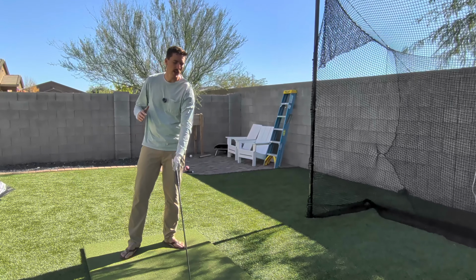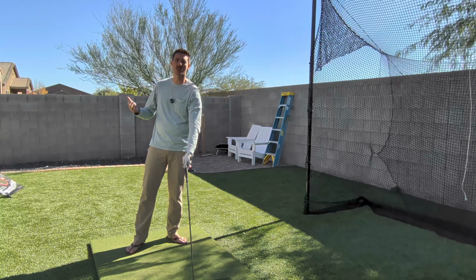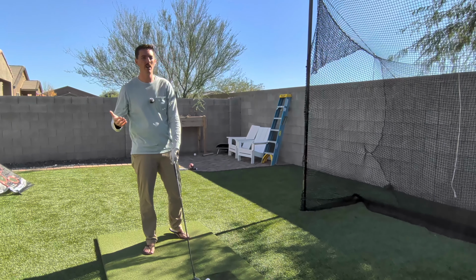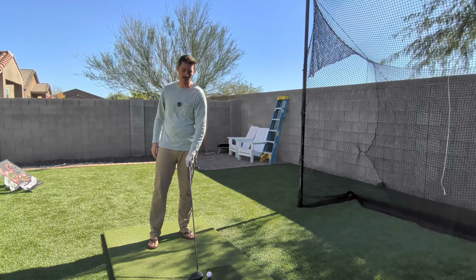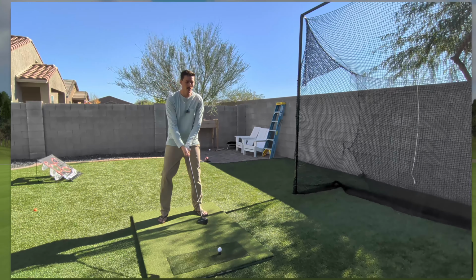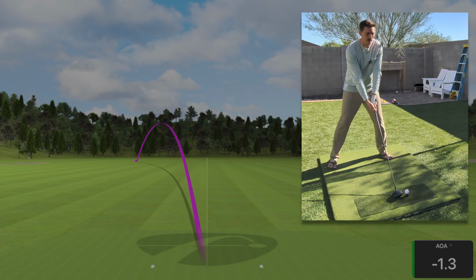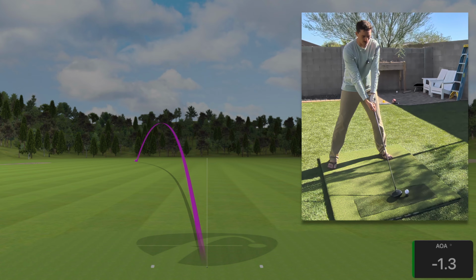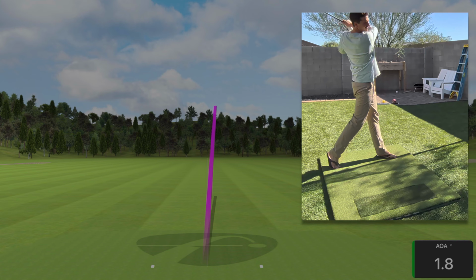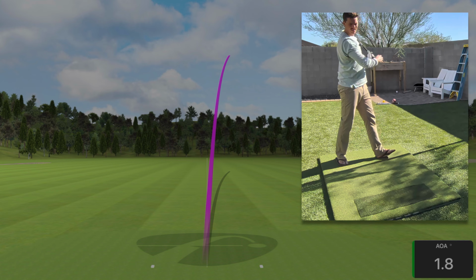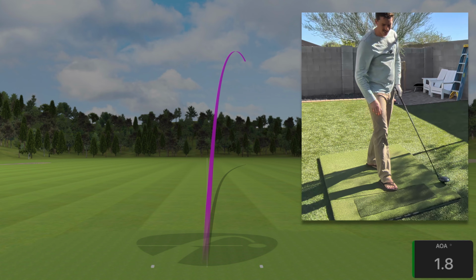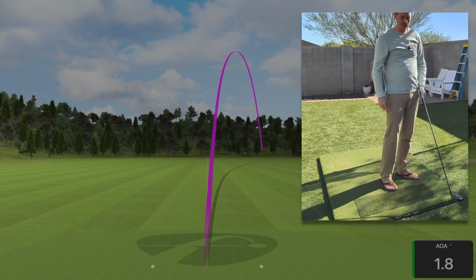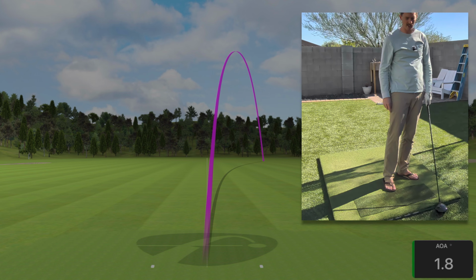But I think you probably want somewhere between negative 1.5 and 3 degrees on your angle of attack with driver. So I'm gonna try and get around 1 on this, hopefully. Okay, 1.8 degree angle of attack.